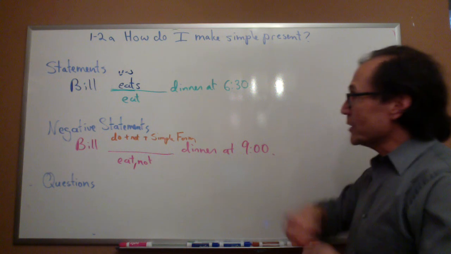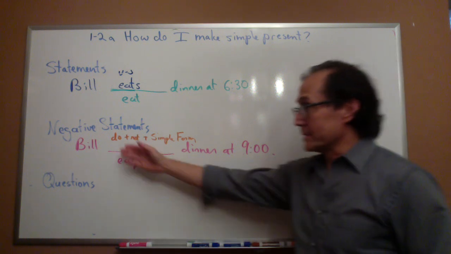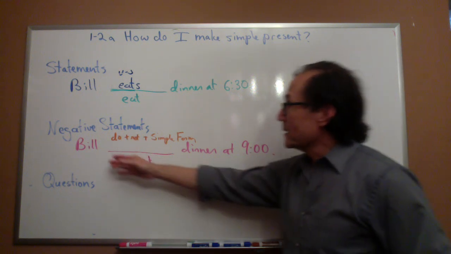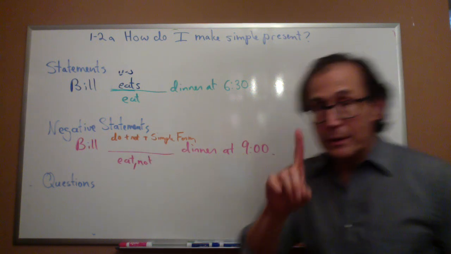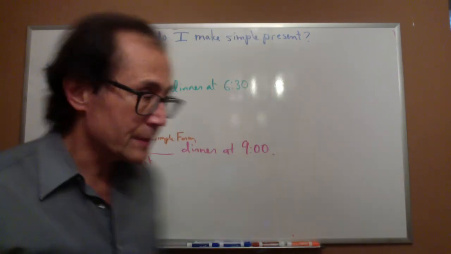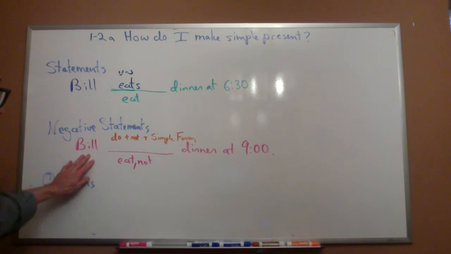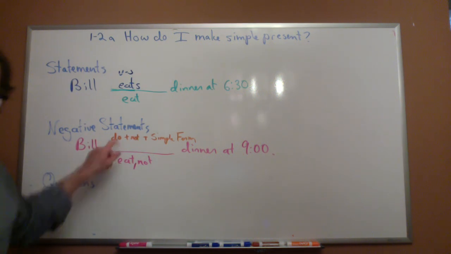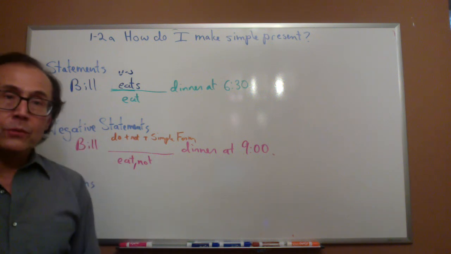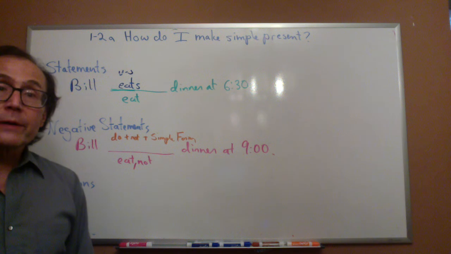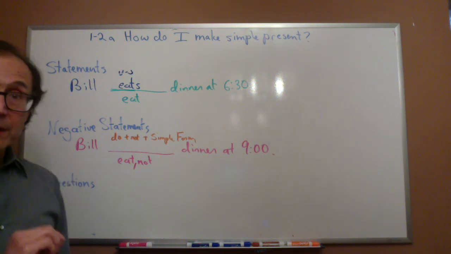So, to show this is not his habit, negative statement: Bill blank not eat dinner at 9. First question we want to ask ourselves is, my subject is Bill. What form of do I want to use with Bill? Do I say Bill do or Bill does?